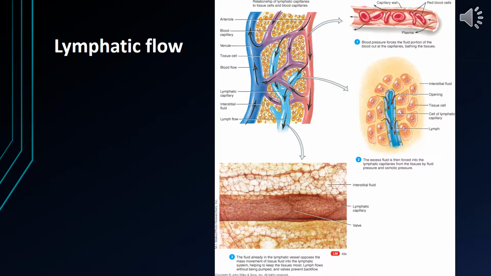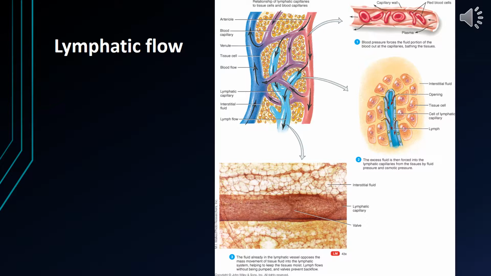Whereas with the lymphatic vessel in light blue, you can see that it can only remove lymph or interstitial fluid from the tissues and then transport it through the lymphatic vessel and into the bloodstream. It doesn't go in reverse, nor does it circulate back at all.